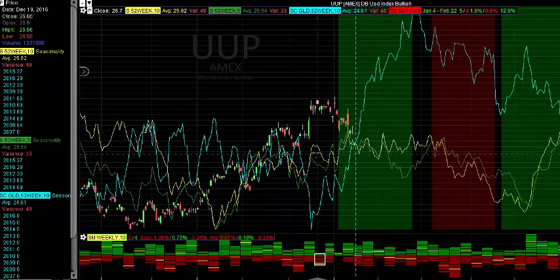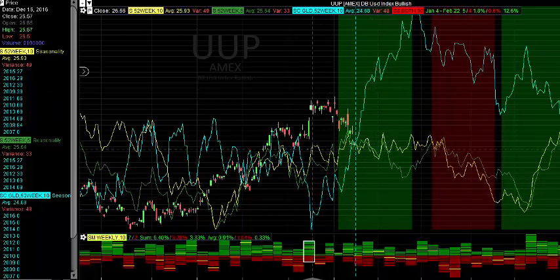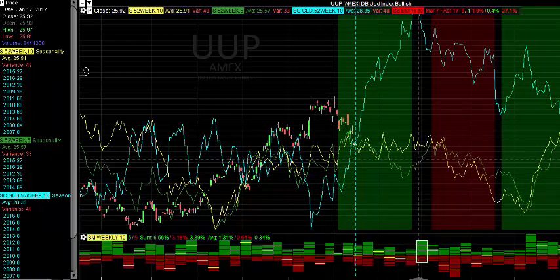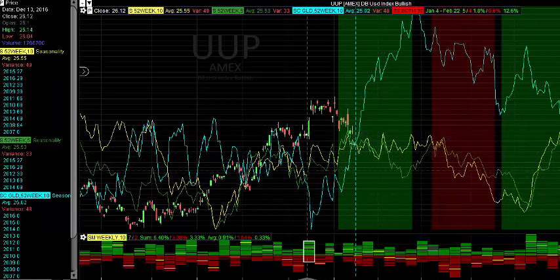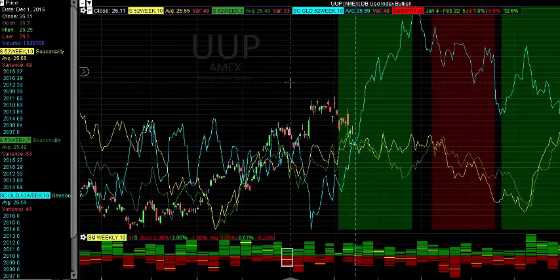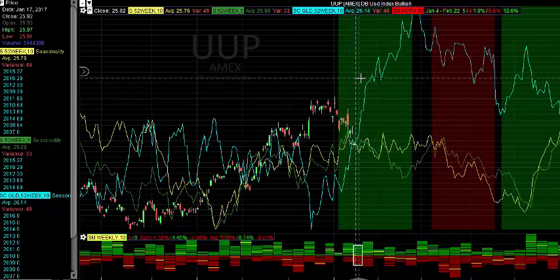It's more sideways action. So to me, selling out of the money call spreads on UUP or buying in the money puts on UUP could fare well, or doing something similar in the U.S. dollar index options. I have an overlay here on gold.